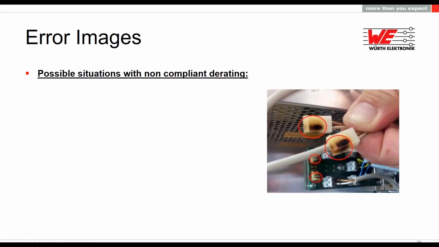Error images would be, well, melting plastics, decoloring plastics, material tiring. So if you don't take care of these effects of derating and what current you can apply at what temperature, you could have issues with oxidation of contact surfaces, and this leads to a higher contact resistance, so not such a good contact quality anymore. So you create more heat, you have overheating.